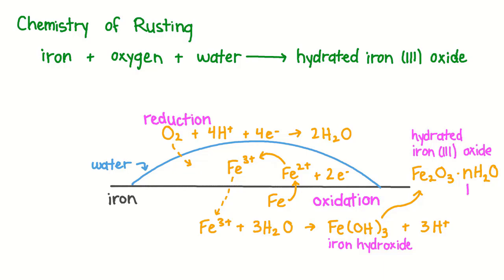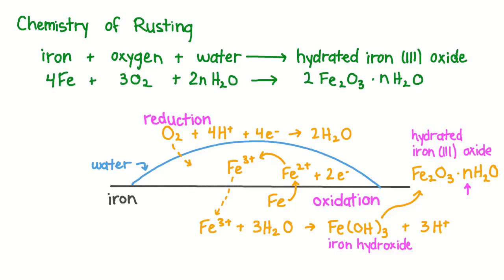There is an n here instead of a number of water molecules because there's a number of different hydrated iron(III) oxides that can form. The overall chemical equation that describes rusting is 4Fe + 3O2 + 2nH2O → 2Fe2O3·nH2O. But you'll often see it without the water molecules for simplicity.